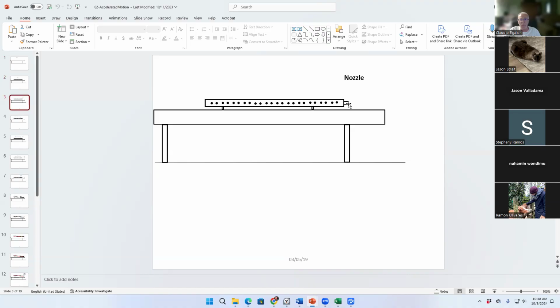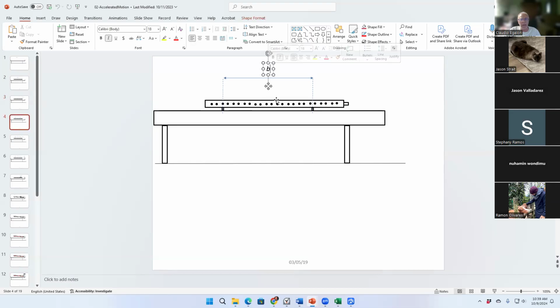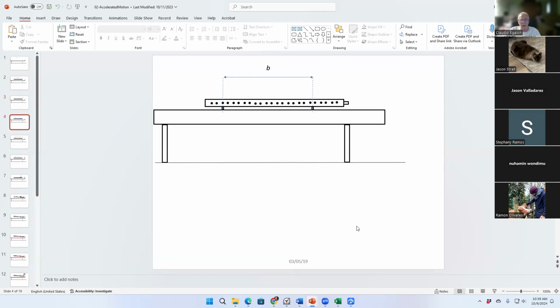It has a nozzle as well at the end, and there is a reason why we have a nozzle. And it has two legs. The distance between the two legs is the distance documented in your spreadsheet. Let's take a look.